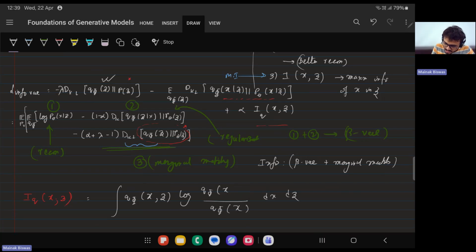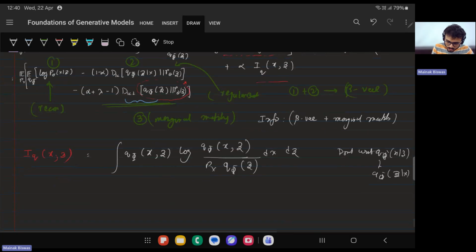Or I can write this as the KL divergence interpretation, with the product p of x times q phi of z. As soon as I do this, you can see we don't want q phi to be conditioned on x given z. We want it to be conditioned as q phi of z given x instead of x given z.